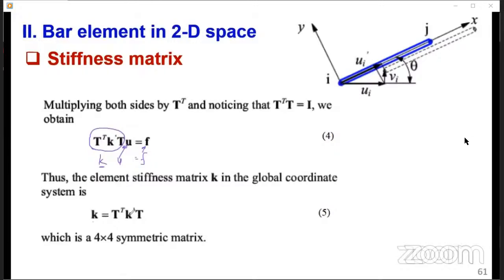But when you come to the assembly stage, to get the overall stiffness matrix, you first have to transform the element to get its equivalent in the global coordinate system.